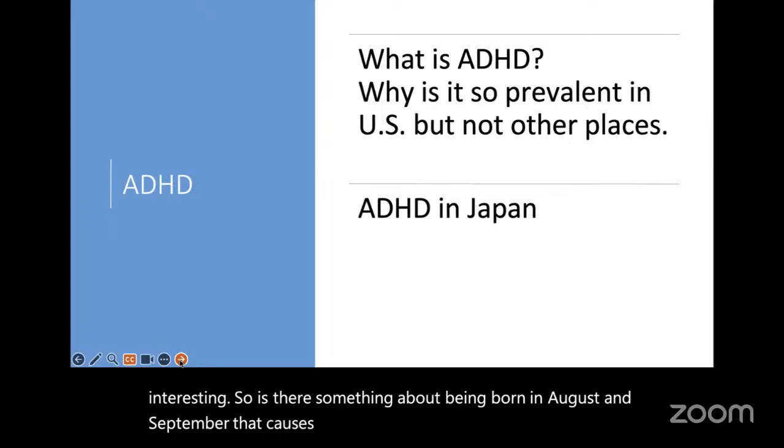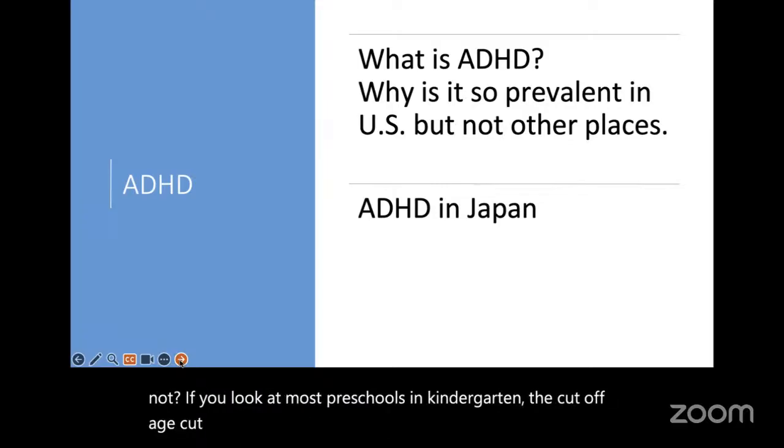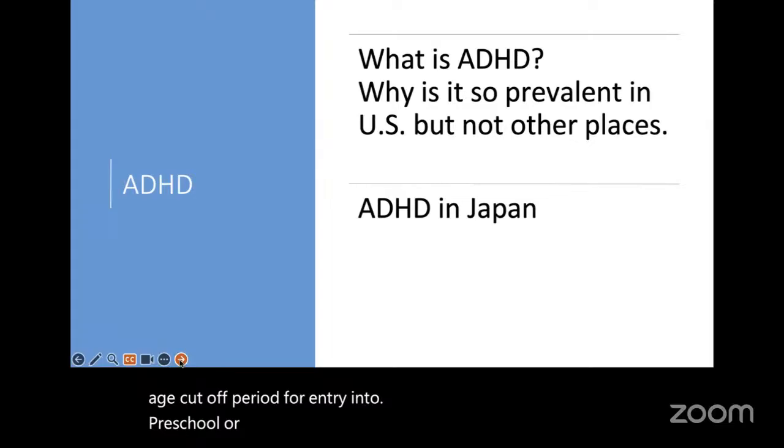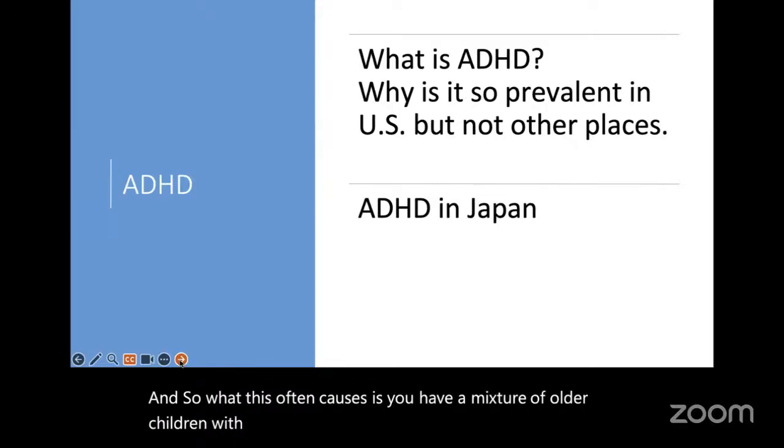While the current theory suggests not, if you look at most preschools and kindergartens, the cutoff period for entry into preschool or kindergarten is in the month of August or September. And so what this often causes is a mixture of older children with very young children. Okay.